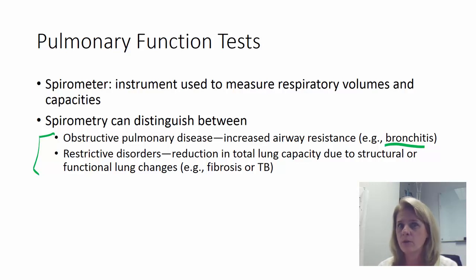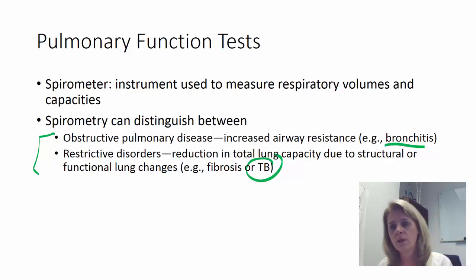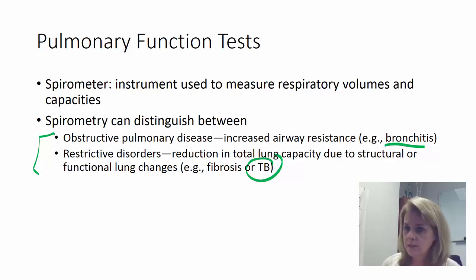So things like fibrosis, scar tissue, tuberculosis, that's what TB stands for. So doing a spirometry test allows you to determine whether it's obstructive or restrictive. So make sure you understand what an obstructive disease is, like bronchitis, versus a restrictive disease like fibrosis or TB.